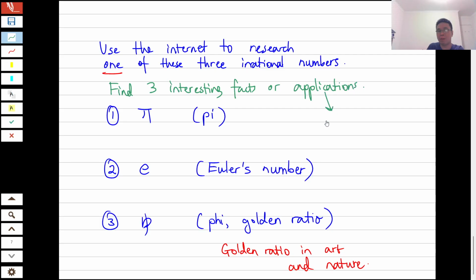So by application I mean where it is used or where it appears. So for example, where can I find the golden ratio in art? Or where can I find the golden ratio in nature? Give me 3 examples.